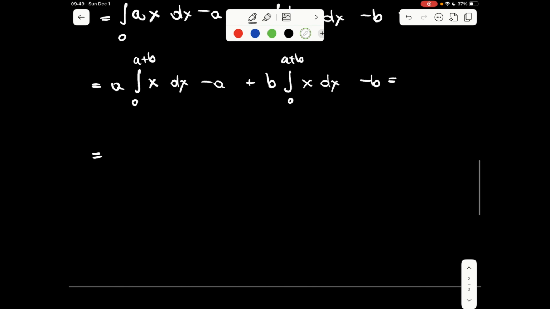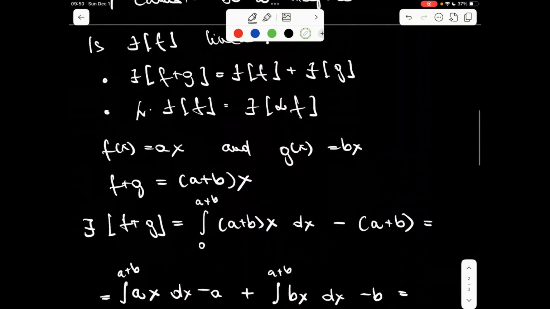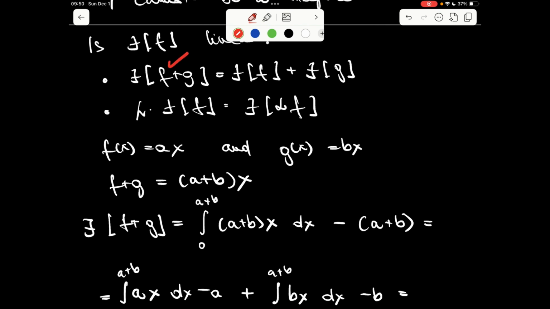Which leads to, by direct calculation, this expression. So this is the left-hand side of this equality.